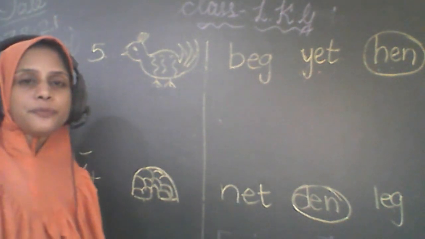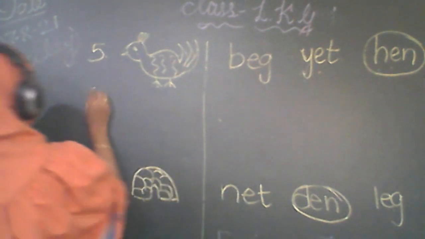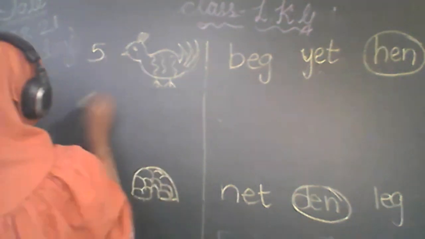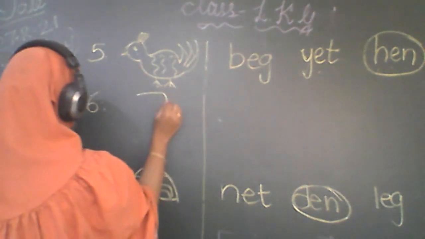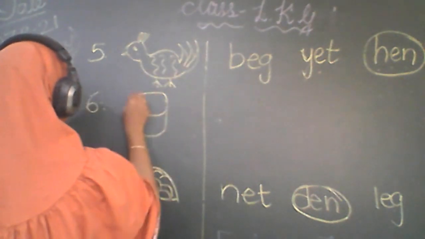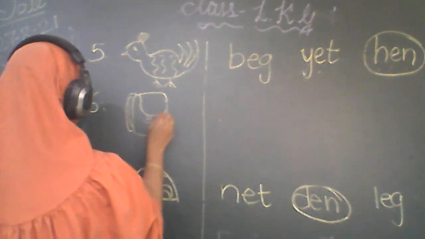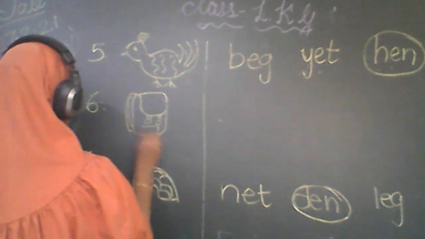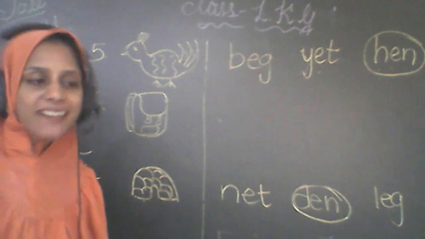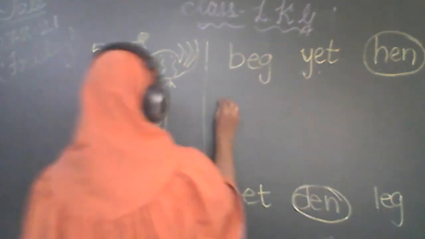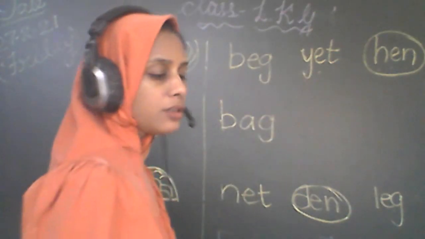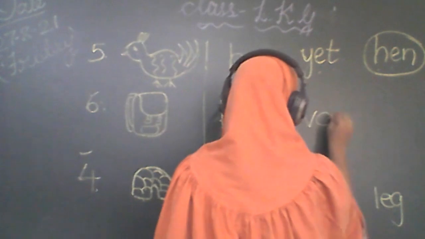Done? Now, number 6 is, look, what is this? It's a bag. So, let's read the word and encircle the correct one.